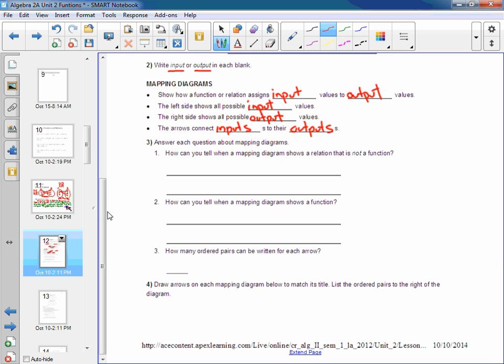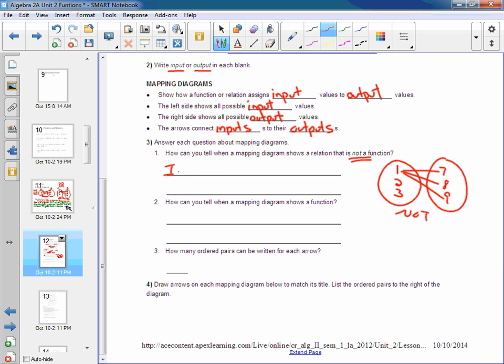How can you tell when a mapping diagram shows a relation is not a function? How did we do that again? Well, we could draw a picture. If we have more than one arrow from an input, it's not a function.